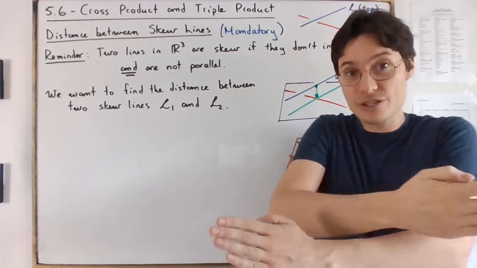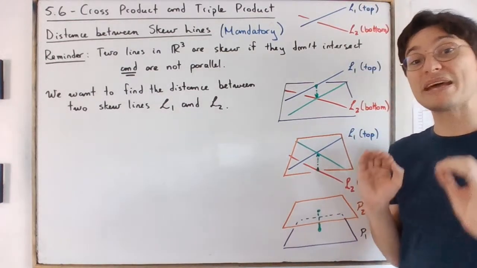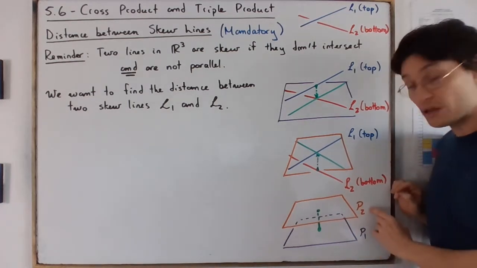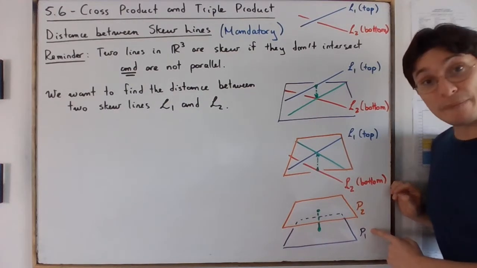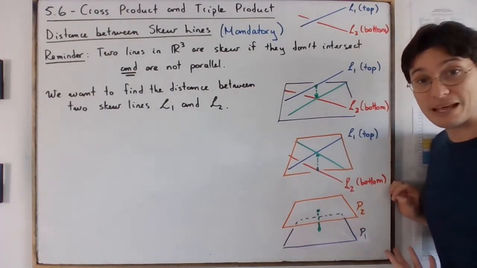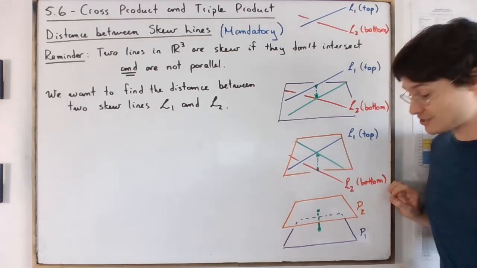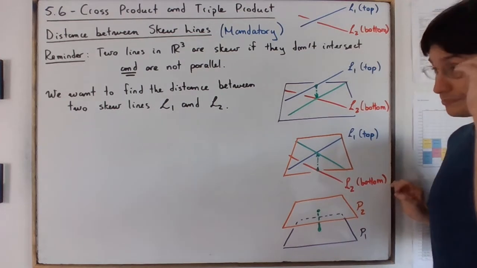In other words, you translate them so that the direction vector of both lines remains the same. If you do that, the two planes will be parallel, and that reduces the problem to one we already know how to solve: finding the distance between the two parallel planes.